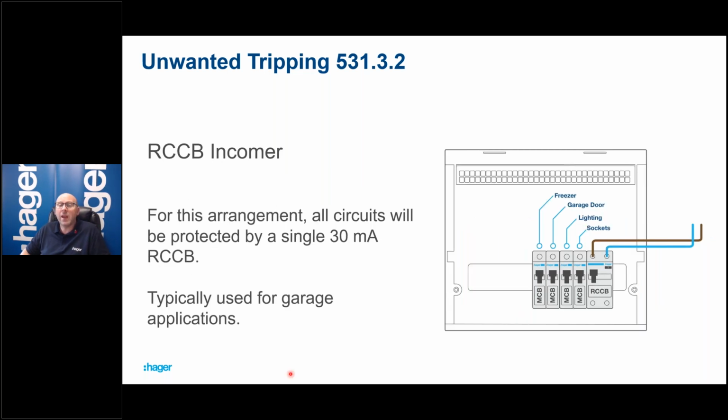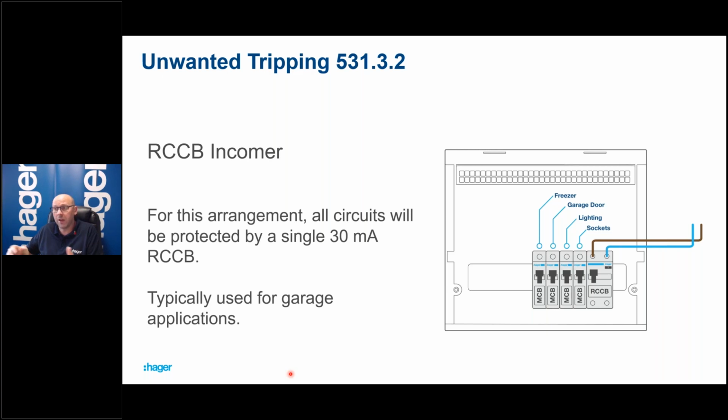And then we talked about garages. This kind of setup is typically used in the garage, and that's why installers tend to refer to them as garage boards, but we would call this an RCCB incomer board, and you can choose how many ways you want. There's no real need to further subdivide at this stage. You've done it throughout the installation, and we get to a garage.